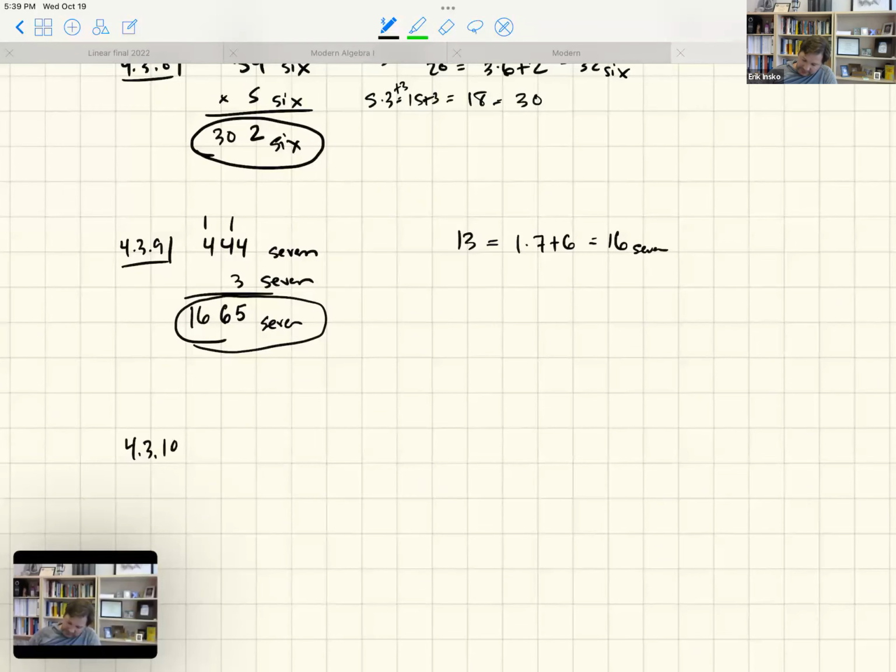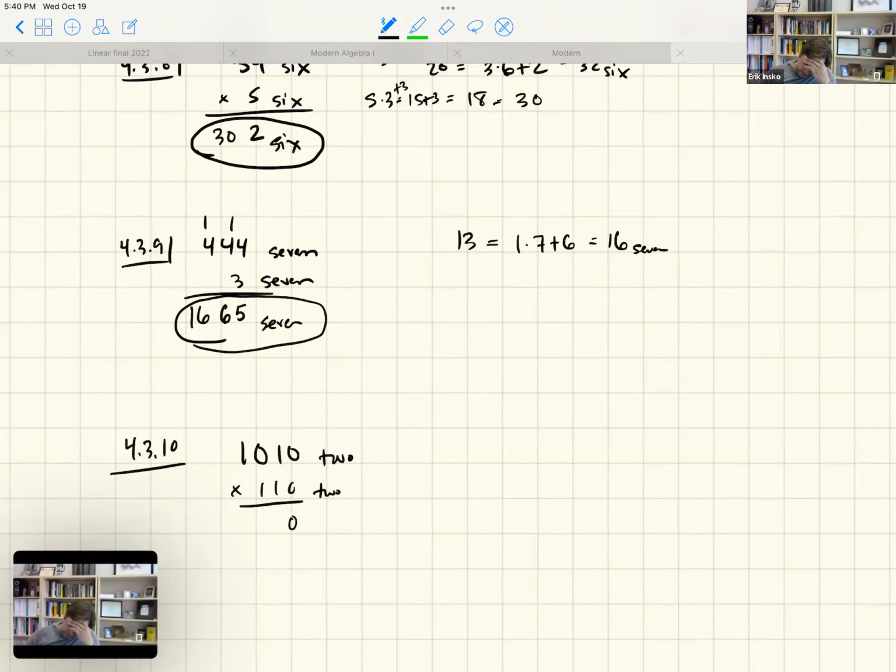Okay, I guess I'll do the first 10 here. So 10 says you want to do 1010 base 2, and you want to multiply it by 110 base 2. Okay, so then what I want to do is 0 times everything is 0.